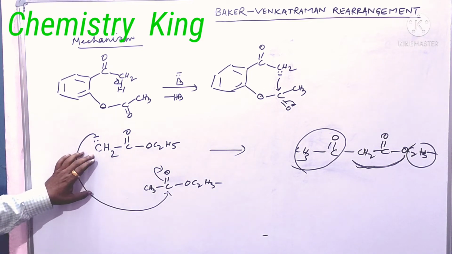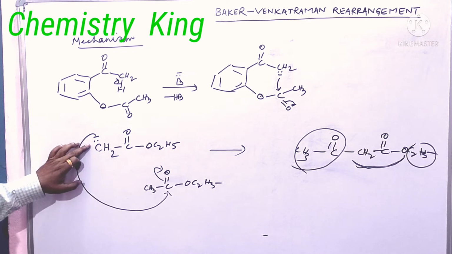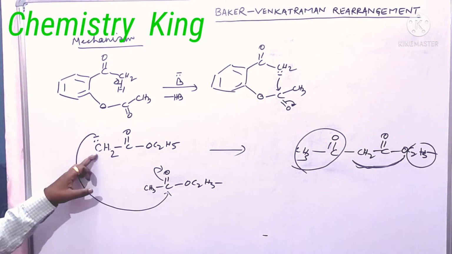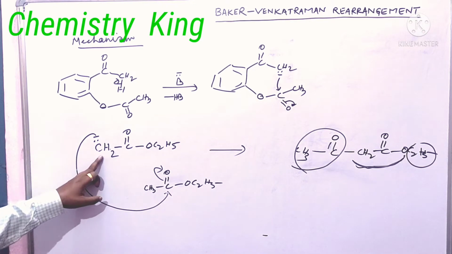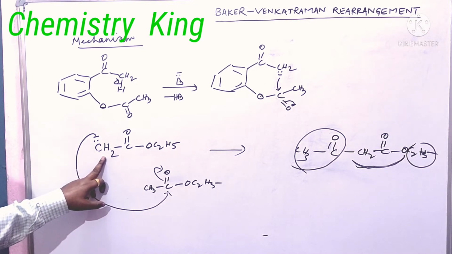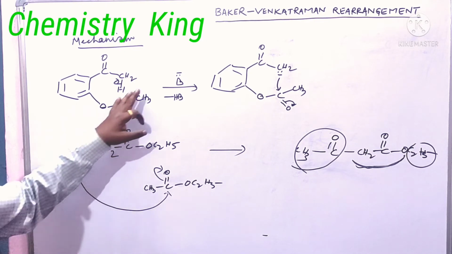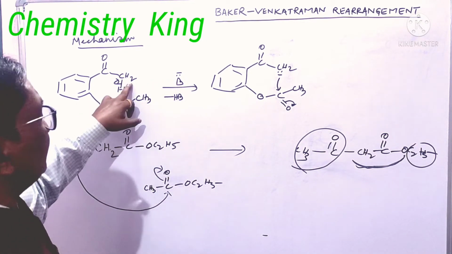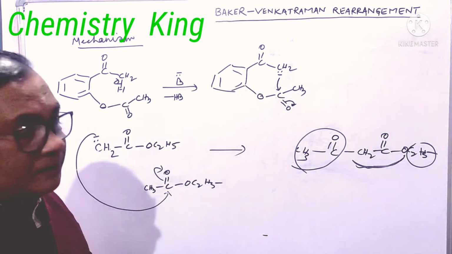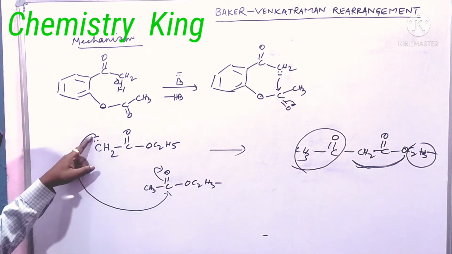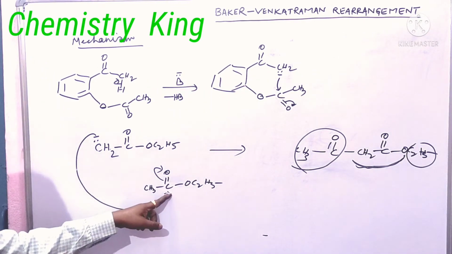In Claisen condensation, the first step is the formation of carbanion by base. Here the base is sodium ethoxide. Ethoxide ion will abstract the hydrogen from here, alpha hydrogen, leading to carbanion. Here also the base will abstract this alpha hydrogen leading to carbanion. In the second step, that carbanion will attack on carbonyl carbon.